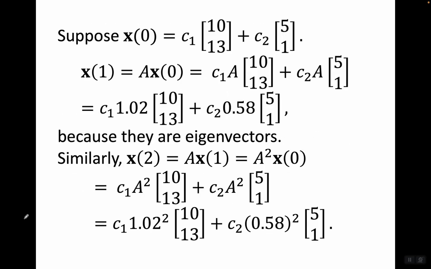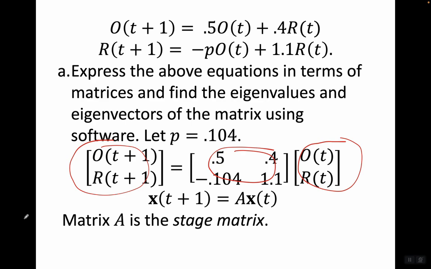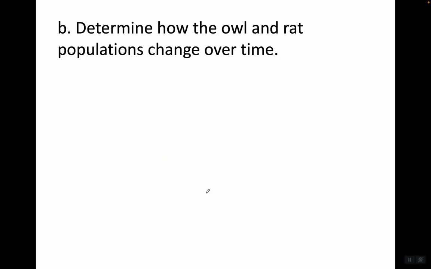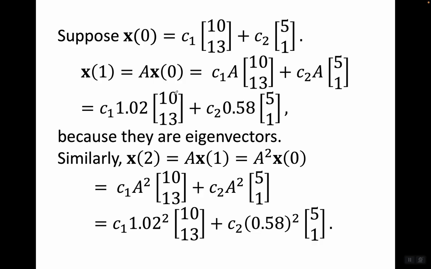Suppose x(0) is c1 times (10, 13) plus c2 times (5, 1). x(1) is A times x(0). Remember we saw a moment ago that x(t+1) is A times x(t)? We're going to apply that here. So x(1) is A times x(0).